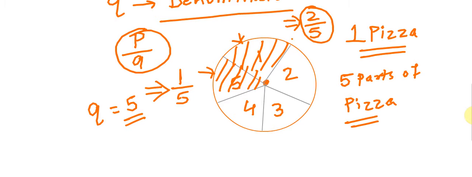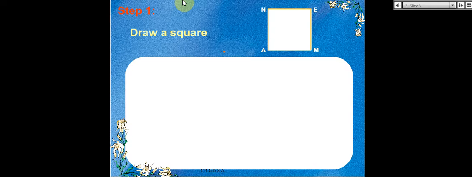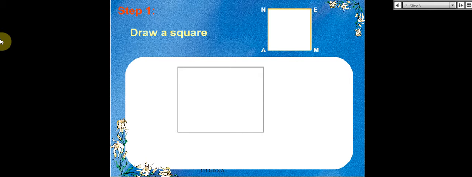Let me explain this to you with a very simple example. Let's draw a square. I drew one square and we divide this square into 2 equal parts.